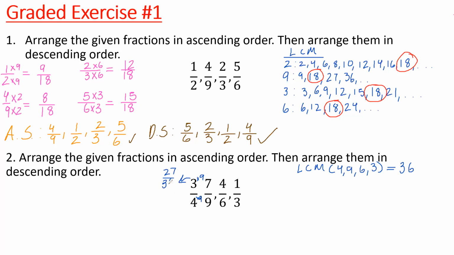And then for the second one, what do we multiply by? 4. Very good. What's your fraction for this one? 28 over 36. That's correct. For the third one, I multiply by 6, and my fraction is 24 over 36.